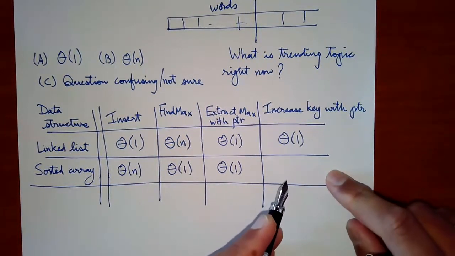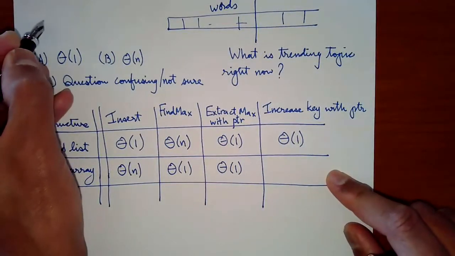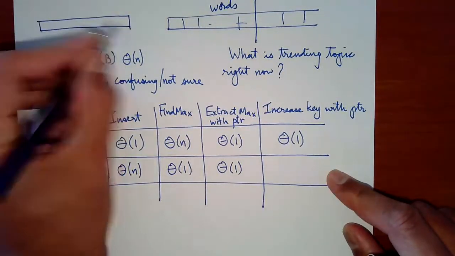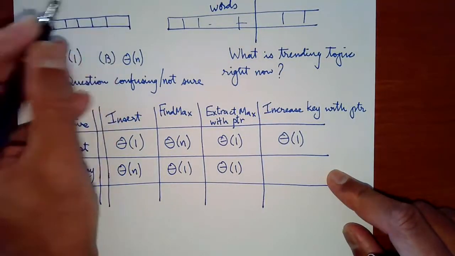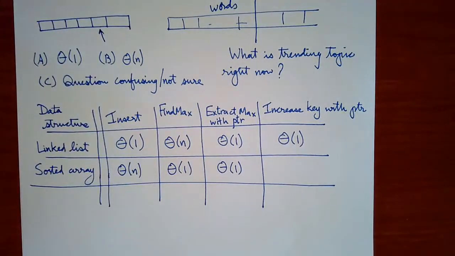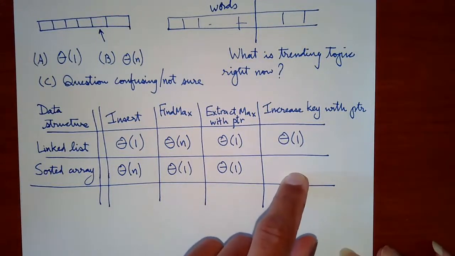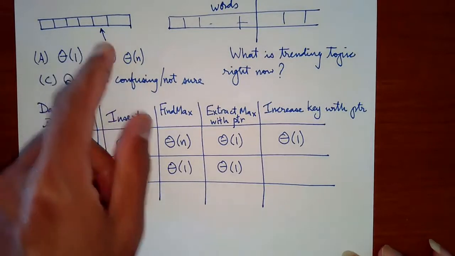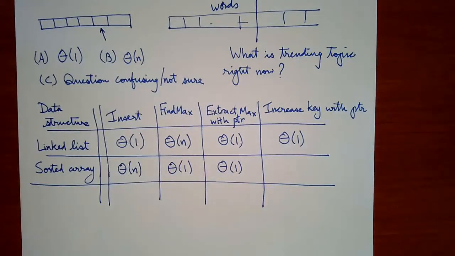What about increasing the key? So the way to think about this is, suppose I have an array of numbers and I need to keep it sorted. And I go ahead and I increase the key. Now, how long does the increase key operation take? So you have a pointer to the object, meaning that you have the index of the element, but you want to increase the key. All right, so I'm going to relaunch the poll. How long will it take?